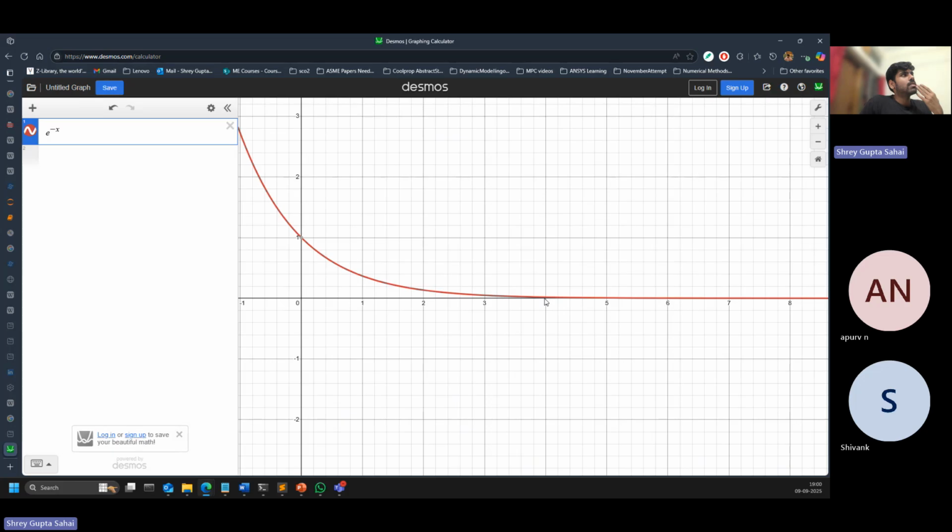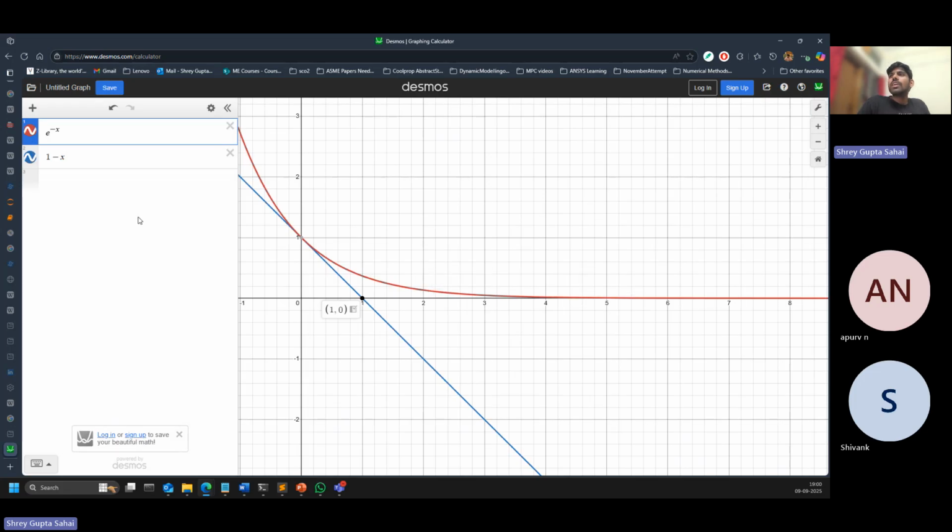It will take some time for me to tell you why the solution of boundary layer equations is an asymptotic solution, why it is something like e to the power minus x and not something like 1 minus x, which goes to 0 at a definite point.